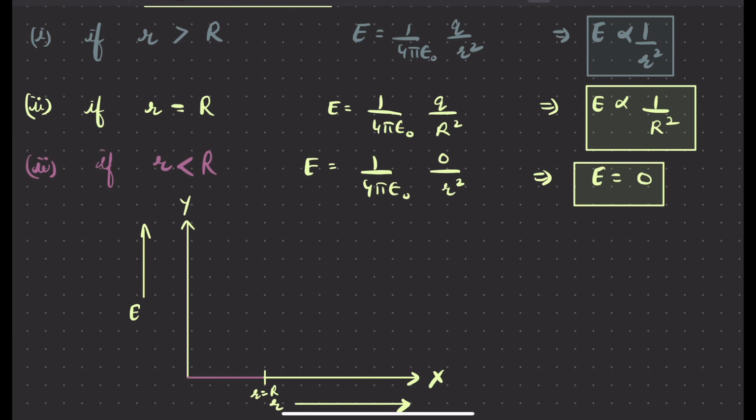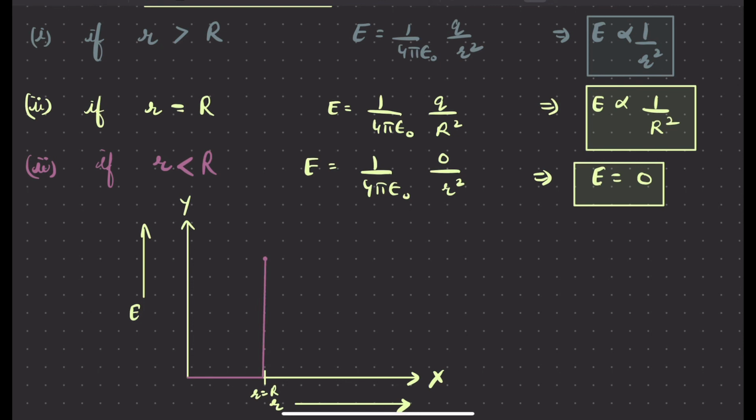So as soon as we reach the value small r equals capital R, that is, the radius of the Gaussian surface is equal to the radius of the spherical shell, we will have the maximum value. So let us say this point indicates the maximum value. I will mark this value like this, so the maximum value could be shown like this.